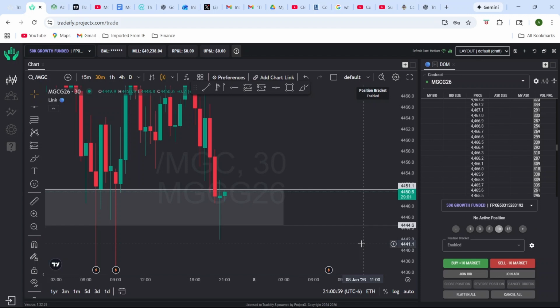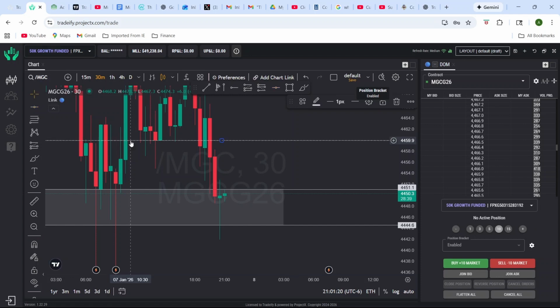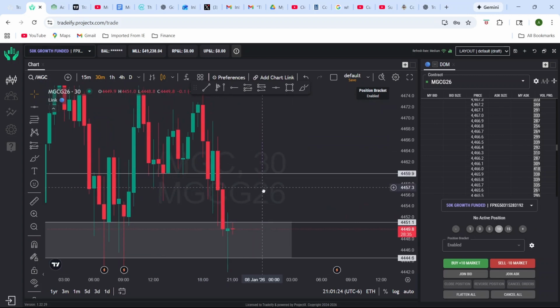So these are the things they don't show you. What I'm looking for is, if we don't get that, if we stay right here and still close above, then I will take these sells. If it's low enough, we'll take these buys high. But also, because the 4 hour has closed, if I miss the run to make the top wick, I will look for sells coming from right here.